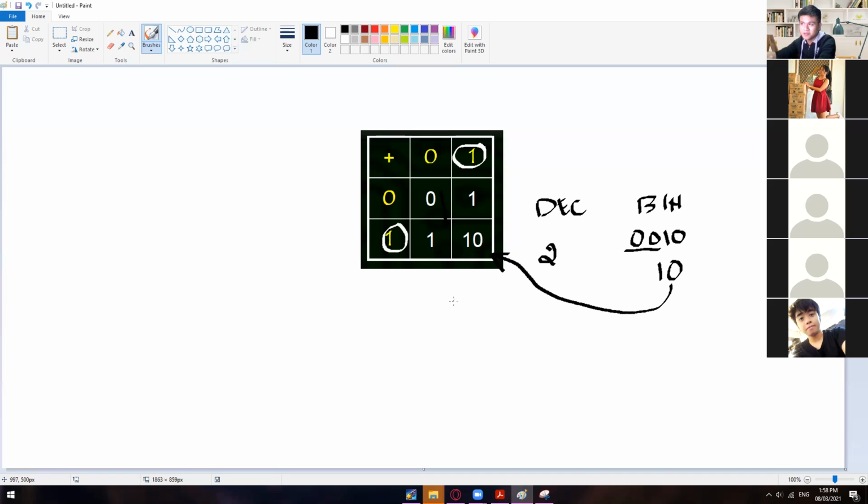So are we clear so far? Yes, sir. All right. How about if we have 1 plus 1 plus 1? Yes, it would be better if it's something like this. What is the result of this one?